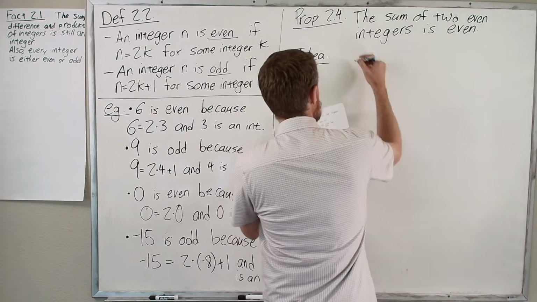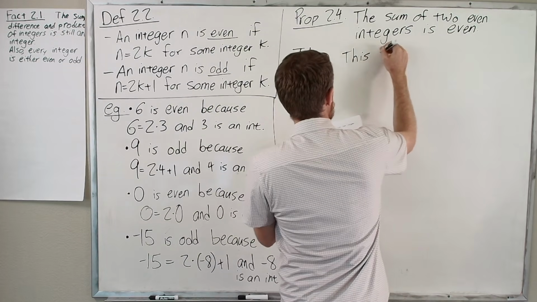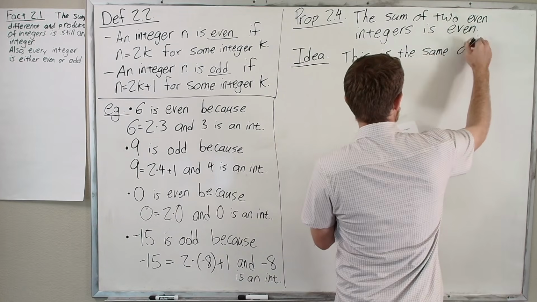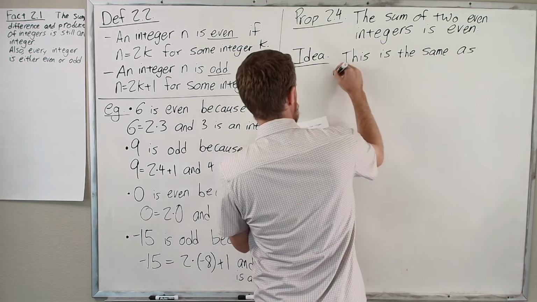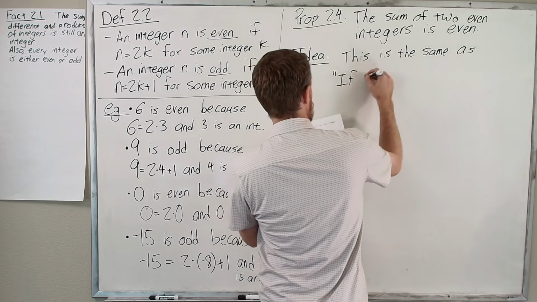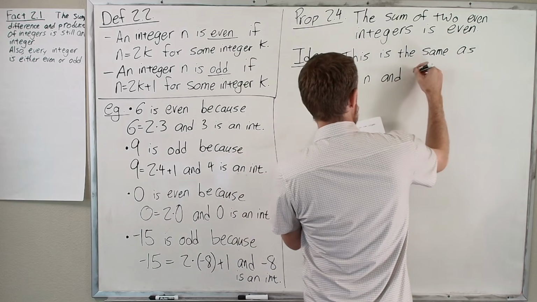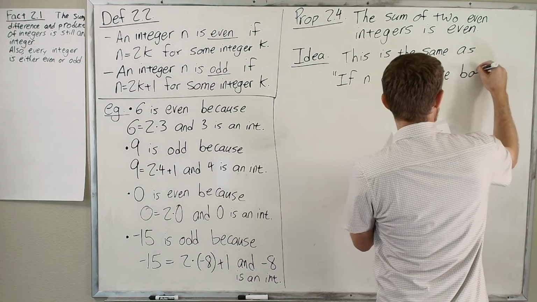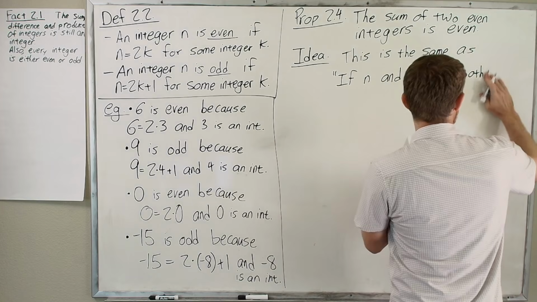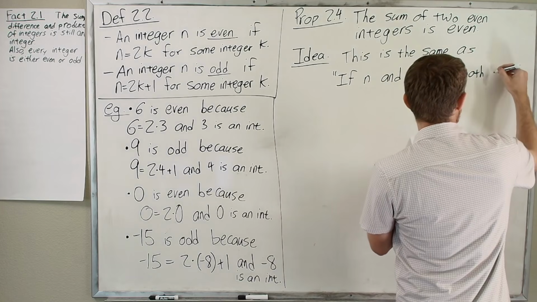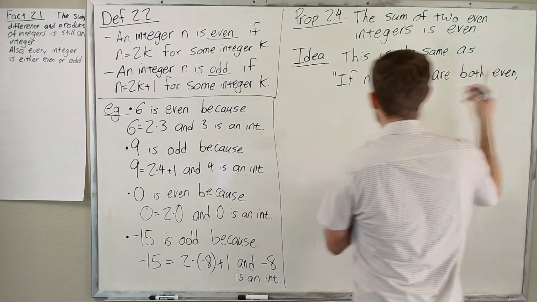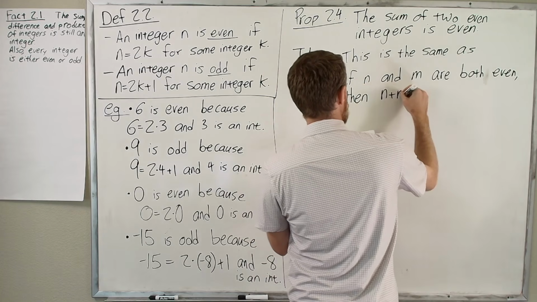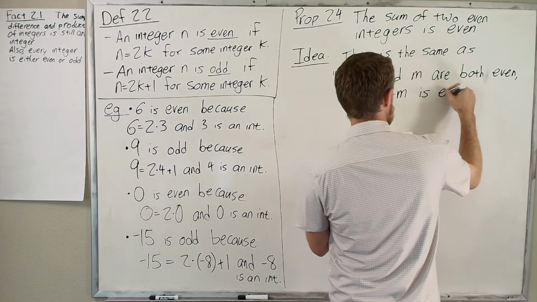But the idea is that this statement is the same as this other statement. So, quote, if n and m are both even, then n plus m is even.